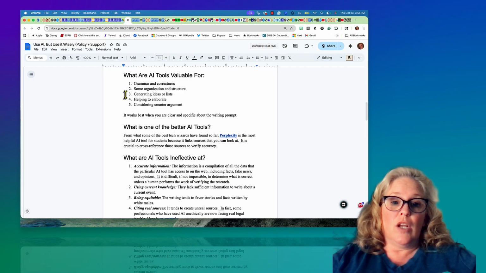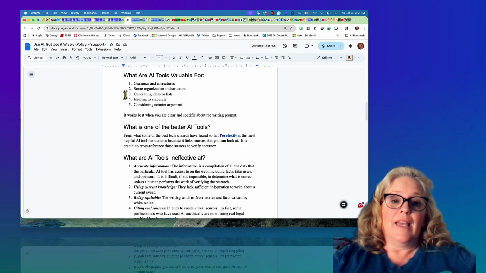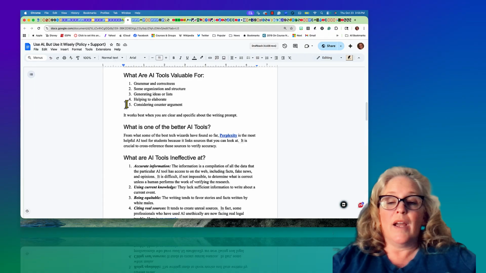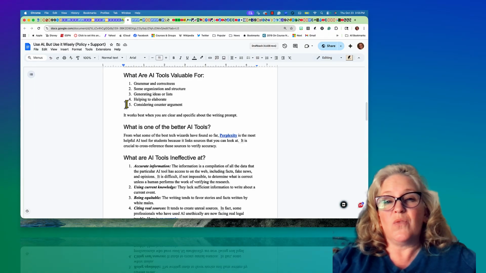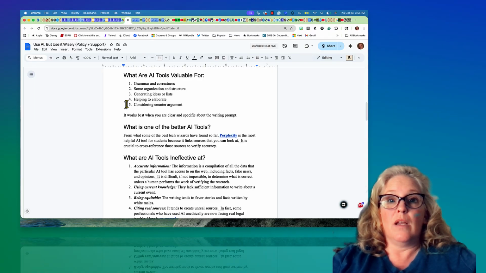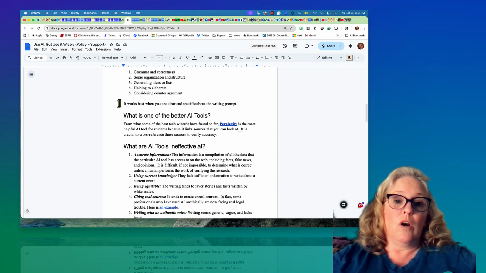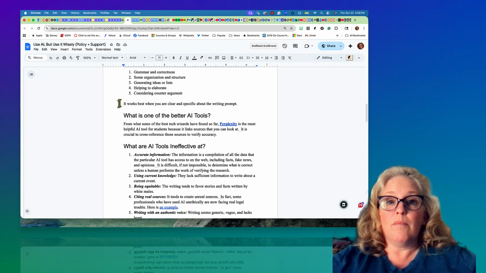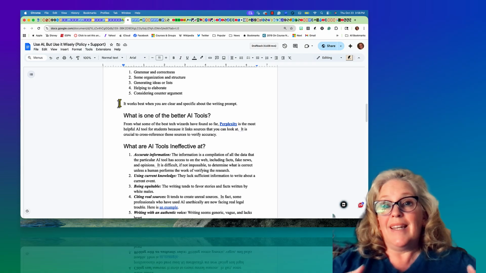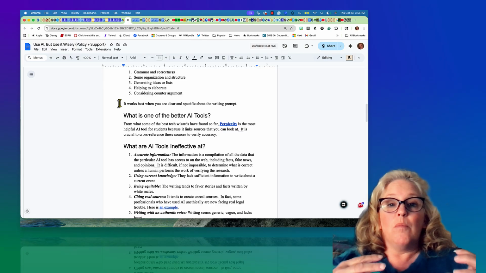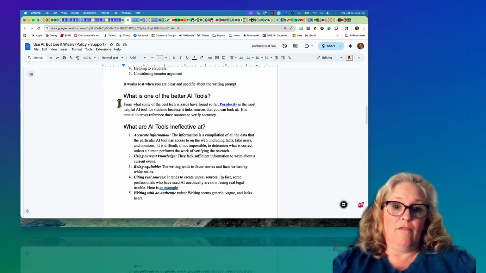It's really good at generating ideas or lists. It helps to elaborate, and it helps when you're trying to consider a counterargument or what somebody else's perception beyond yours might be. It works best when you are clear and specific about the writing prompt, and even after you put something in, you can ask it to do other things to get more of the output you're hoping for.